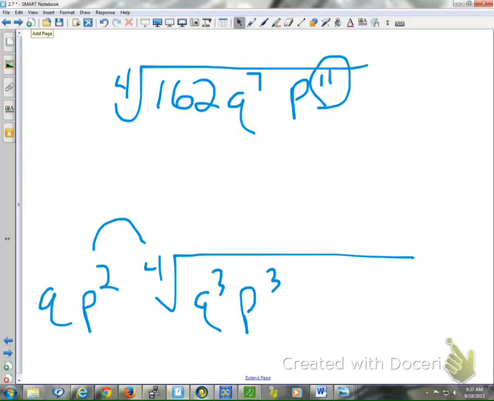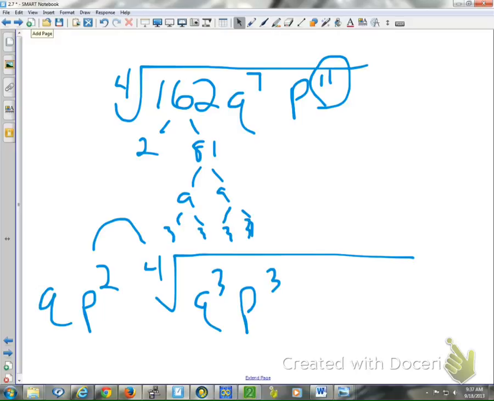Now we have to do the number, and you cannot do it the same way. For some reason, when we put these 2 things together, people have mental train wrecks. You just go back and do the numbers the same way we did them a second ago. Factor it. 162 factors into 2 times 81. 81 goes into 9 and 9. That's right, 9 and 9 go into 3, 3, 3, and 3.